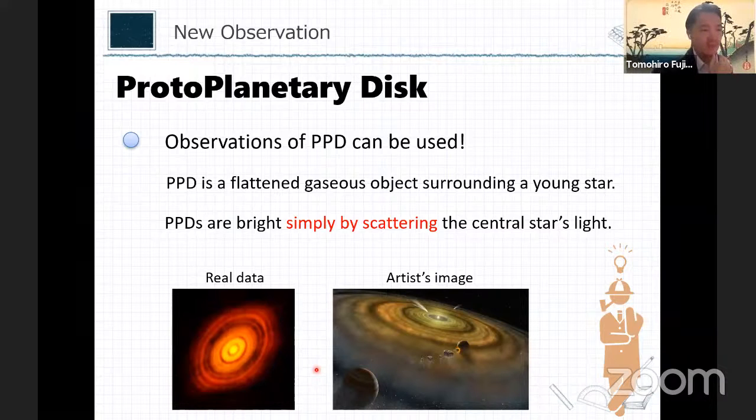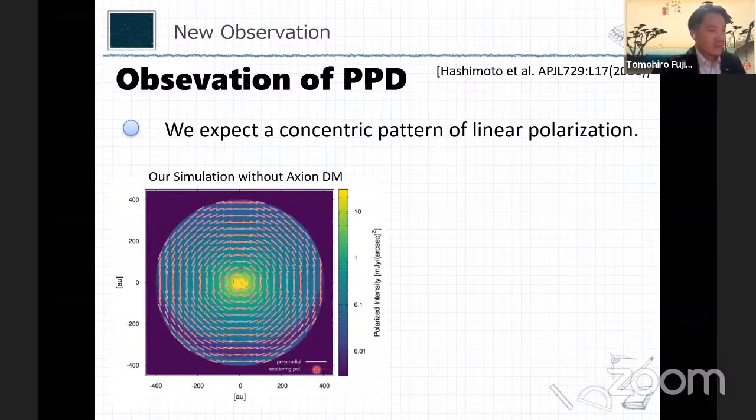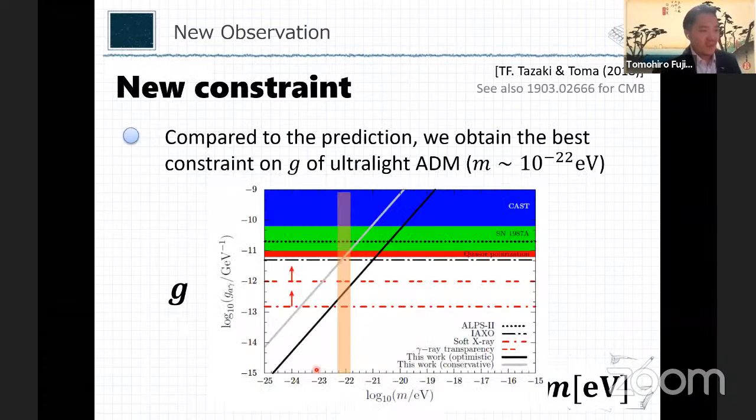Okay, yeah, something may happen. So, short answer is, as far as I put the upper bound, that's not a big deal. But if I found some signal, we need to carefully consider some other effect than axion-like dark matter.